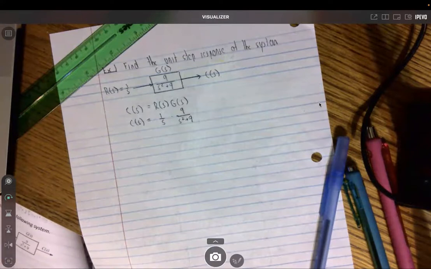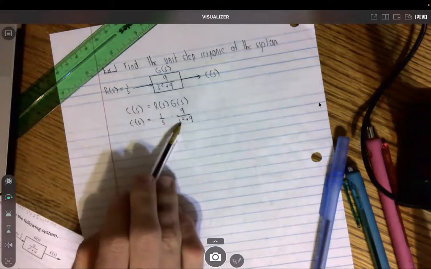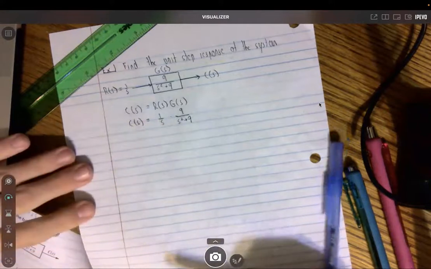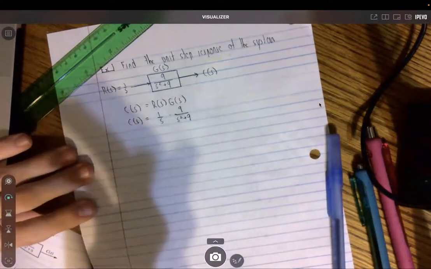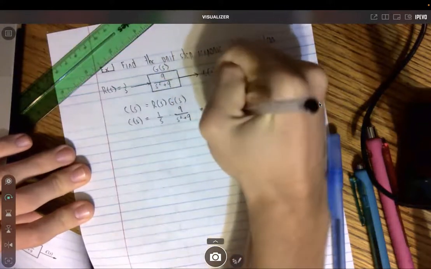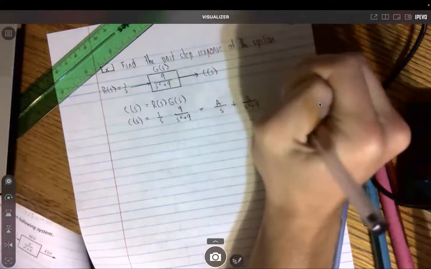The reason being is because you have the multiplication of the two, and you're going to get an S cubed term. And so it's going to be too great. You can't use a quadratic equation on an S cubed. So you're going to have to do A all over S plus B over S squared plus 9.